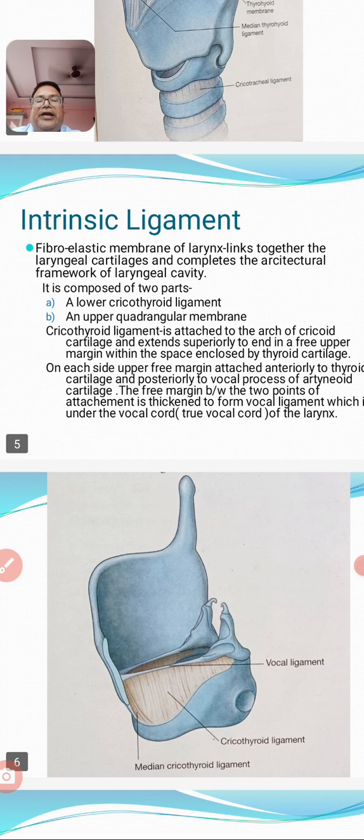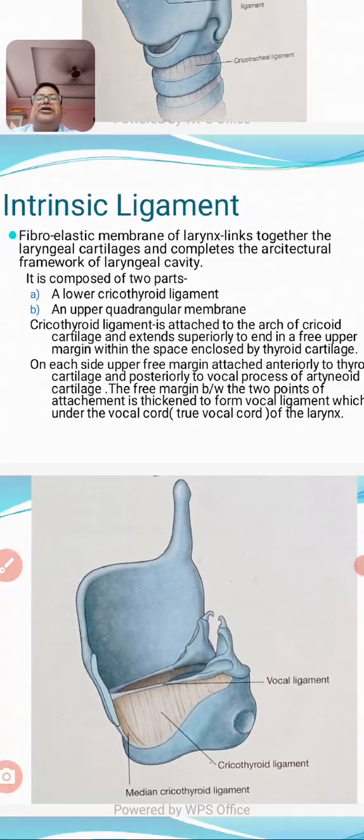The cricothyroid ligament is attached to the arch of the cricoid cartilage and extends superiorly to end in a free upper margin within the space enclosed by the thyroid cartilage.